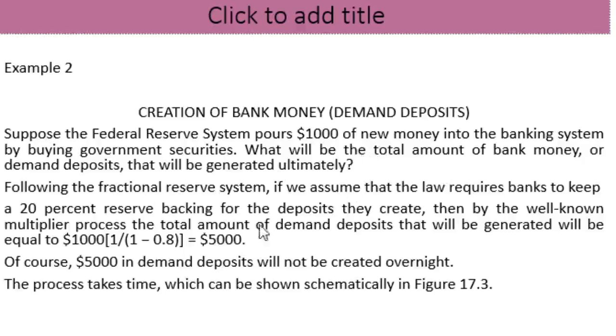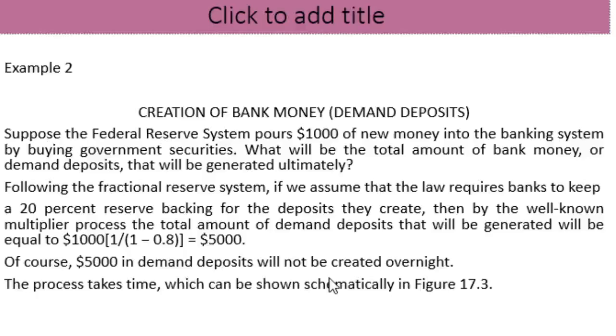Following the fractional reserve system, if you assume that the law requires the banks to keep a 20% reserve backing for the deposits they create, then by the well-known multiplier process, the total amount of deposit that will be generated will be equivalent to $1,000 into 1 by 1 minus 0.8, that is 1 by 0.2. So, after keeping the reserves, nearly $5,000 will be created in the form of demand deposits overall.